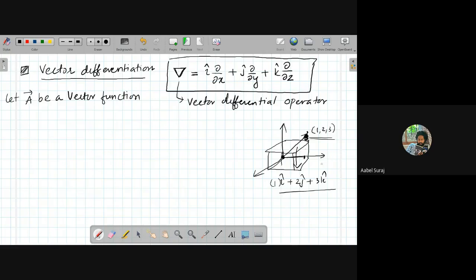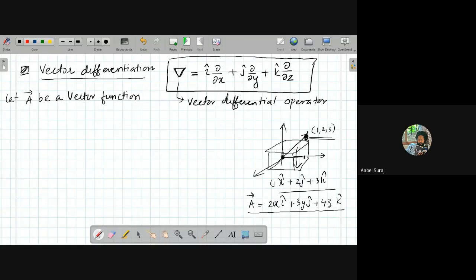And for a vector function, rather than this, the coefficients will be variables. For example, if you have a vector a equal to 2x i cap plus 3y j cap plus 4z k cap, this is actually a vector function because x, y, z are variables.